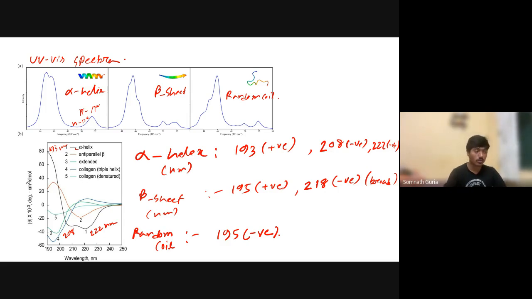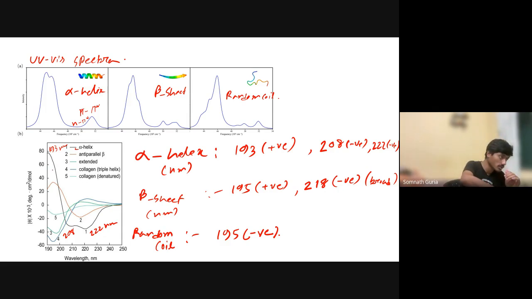As we know, 193 and 195 are mainly because of the pi to pi star transition. There is an n to pi star transition which follows after the 200 nanometer region. So why does the beta sheet show one n to pi star transition, and the alpha helix show two?